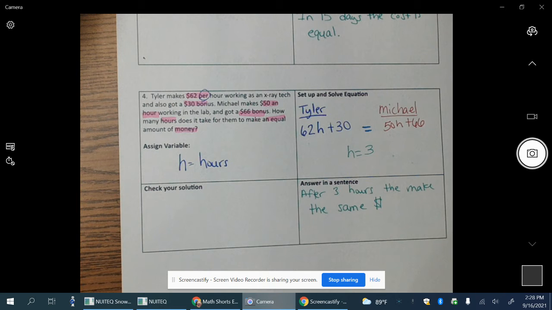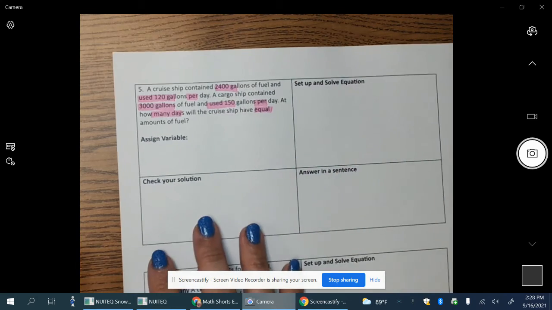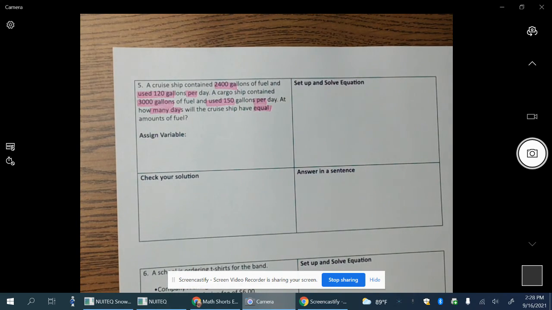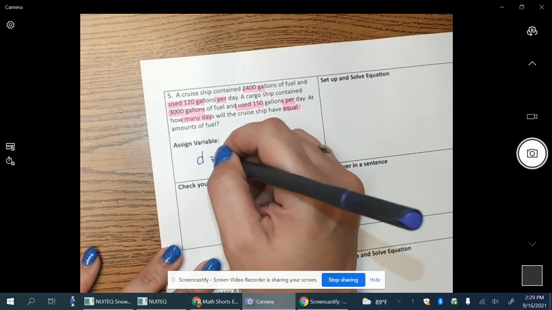At how many days will the cruise ship have equal amounts of fuel? All right, perfect. So we're comparing cruise ship, cargo ship. What are we looking for? The days. How many days? So D for days.